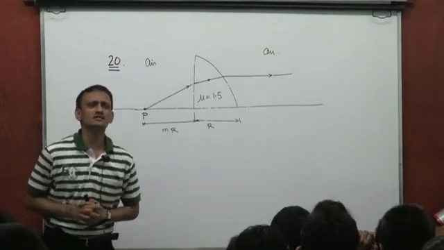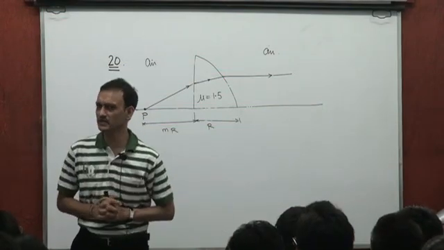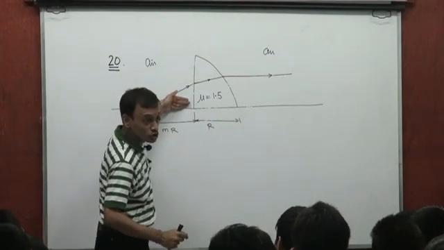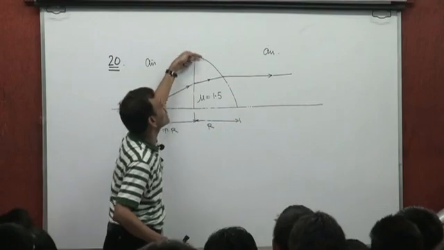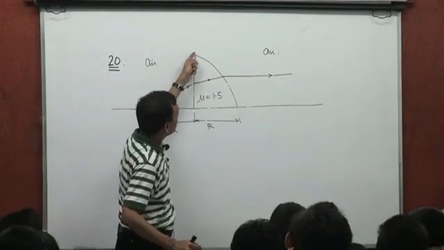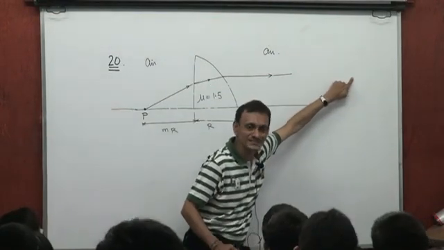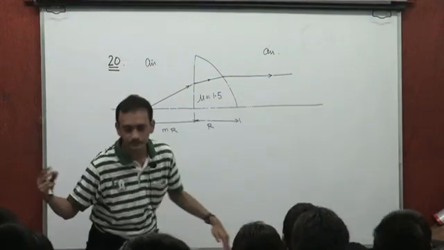Now let's look at this situation from first principles. We look at refraction on this. The image formed by this serves as the object for this. And then the image formed by this is at infinity. That's already presented in the problem. Alright.